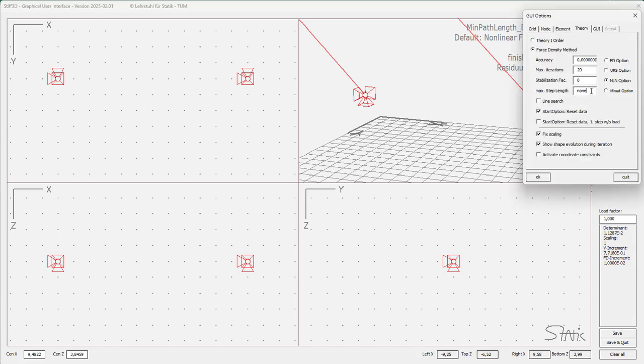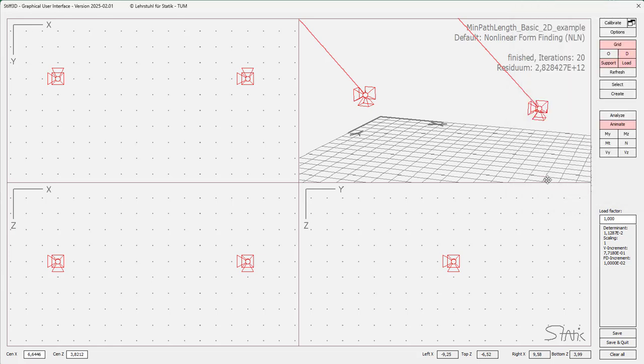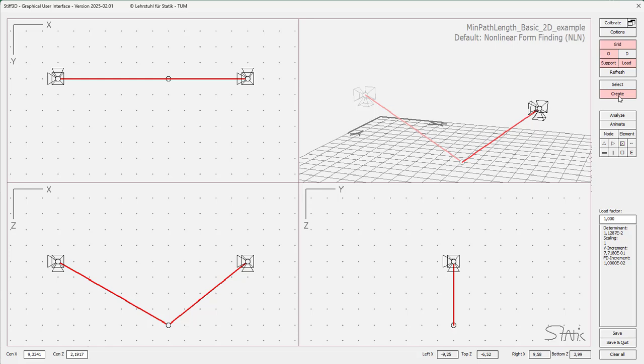There you see this value, maximal step length. I give 1. So that is the maximum step size within one iteration which is allowed. Step size measured in terms of the dimensions of our problem. Let's say 1 meter, something like this. Okay, let's try again. We go to the initial geometry and start our analysis.